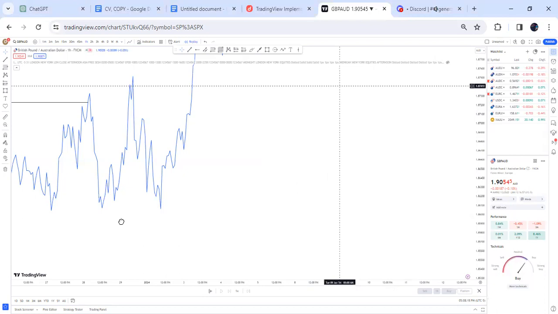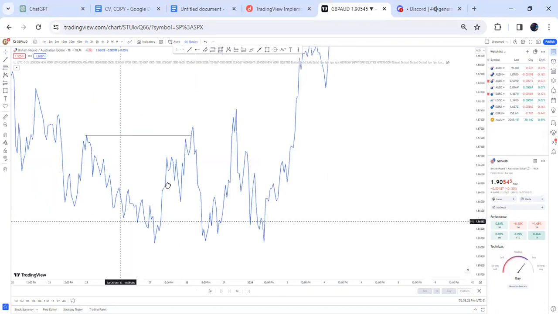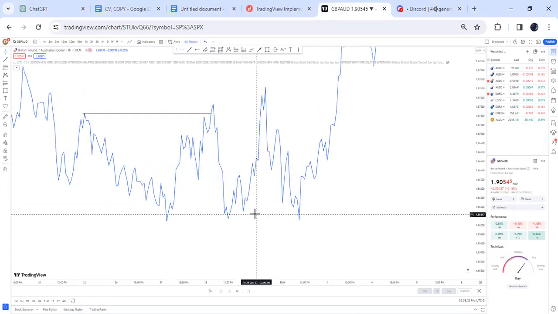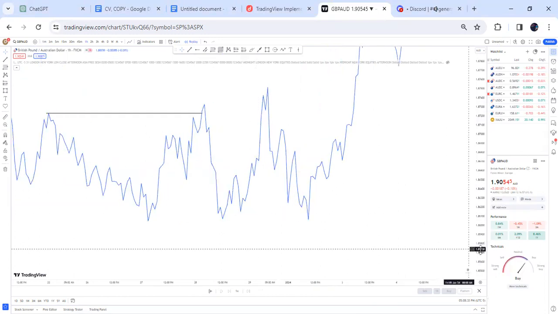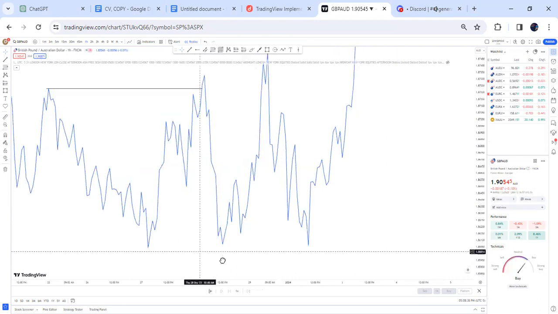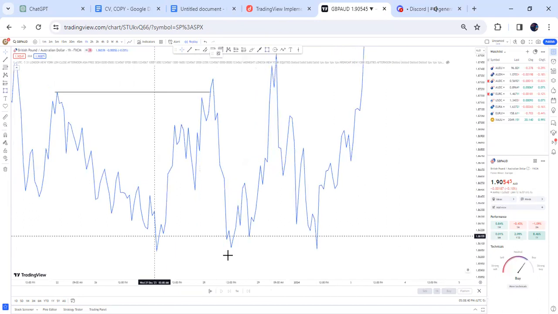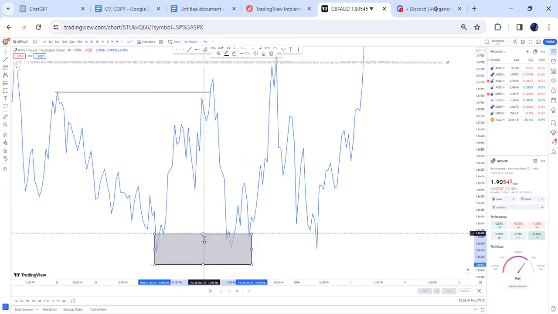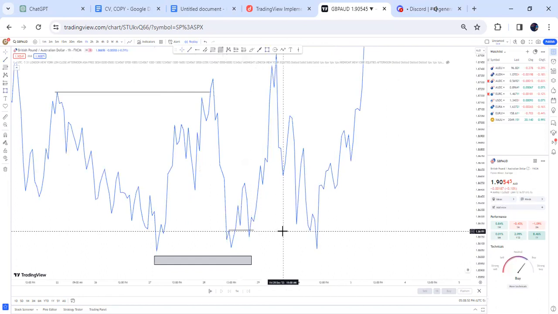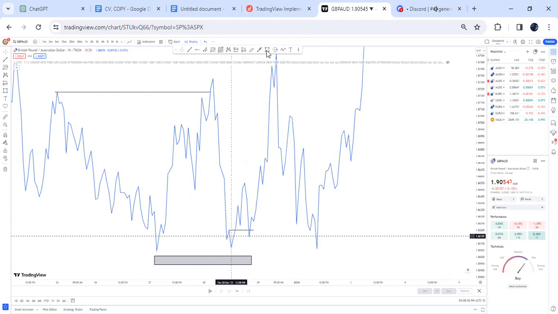So let's now use this as an example. If we had this break of structure, look at this again, guys. This thing cleared there. Even on the 1 hour, this was the point of interest, right? Now look at how they did the same thing, reaccumulated, broke structure again.